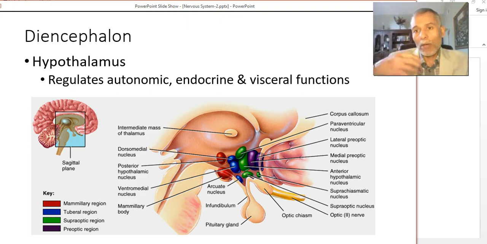It will control the amount of urine going out so that you can preserve your fluids. And then it will trigger your thirst so that you can go have water, and the water goes into the bloodstream and it will make it less acidic and so on. It also controls sexual functions, sexual reproduction, and many other functions that are autonomic.